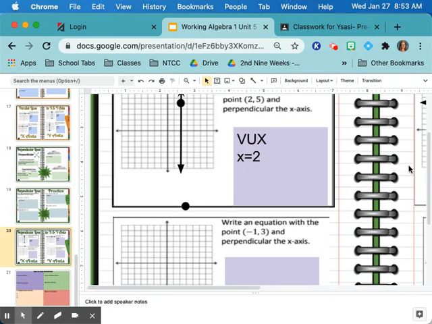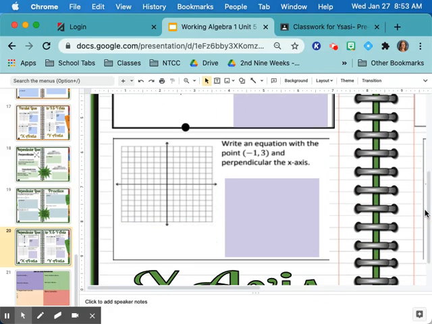Last 2 problems. Write an equation with the point (-1, 3) perpendicular to the x-axis. So let's plot the point (-1, 3). Okay, what is going to be perpendicular to the x-axis? What kind of line? Vertical.